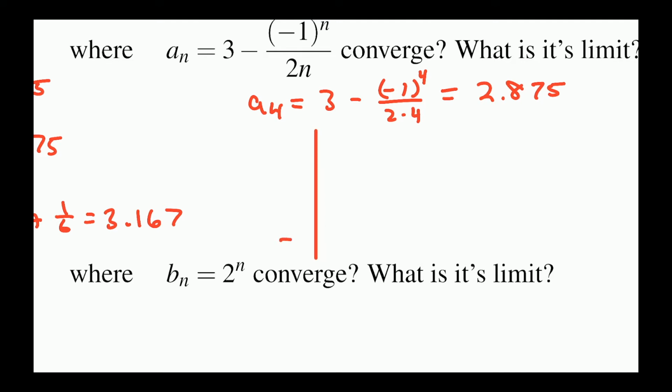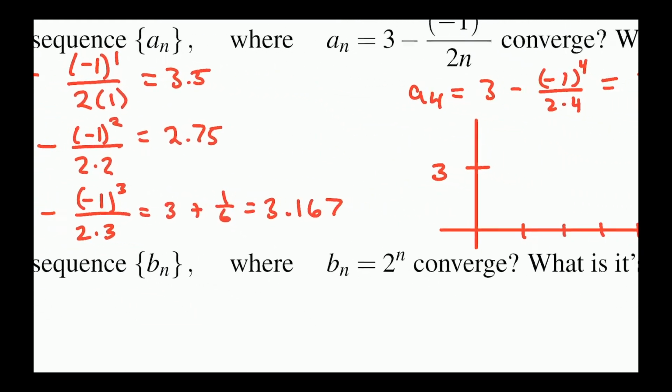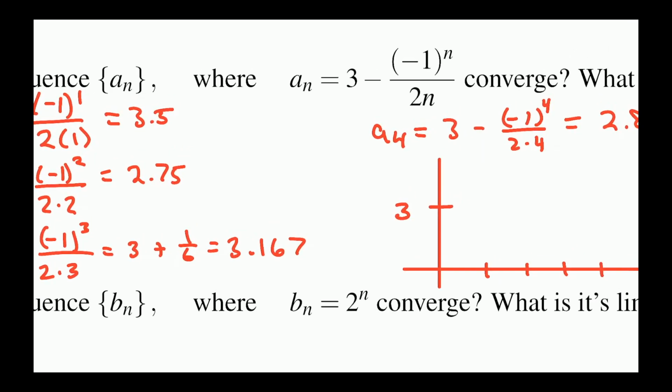Now, what's going to happen if you are careful about graphing these is this. You don't actually need to graph it. But if you have 3 right here, and you go 1, 2, 3, 4, 5, and you put these on your graph, then your first one, A1, is at 3.5.